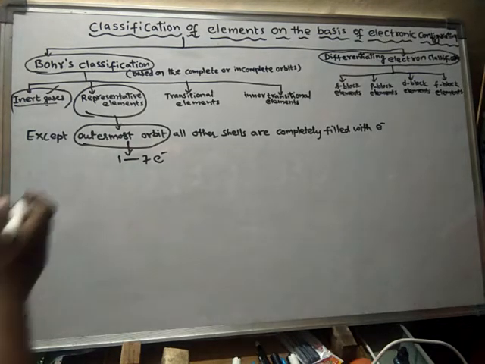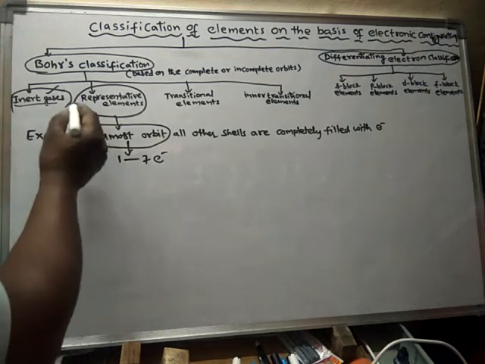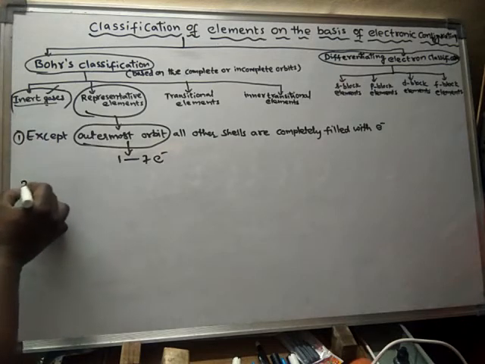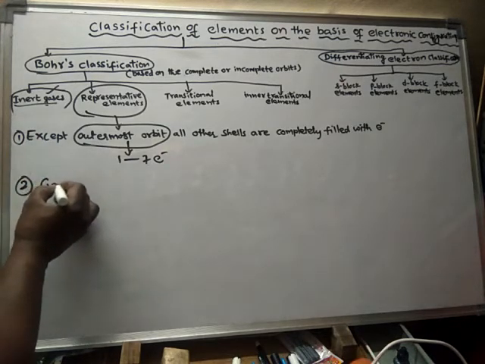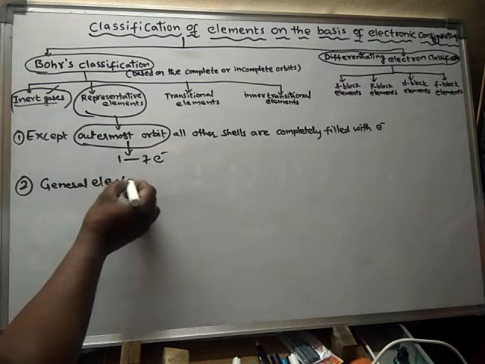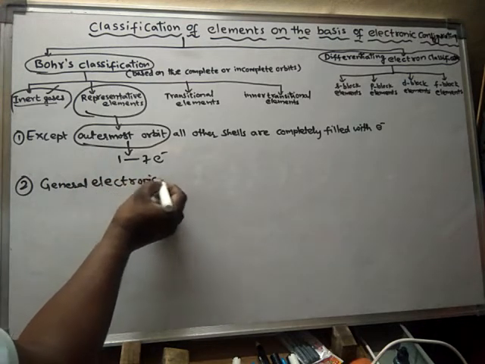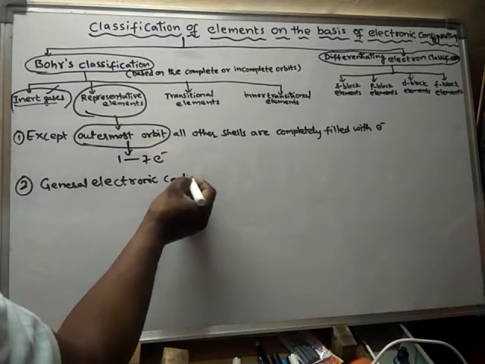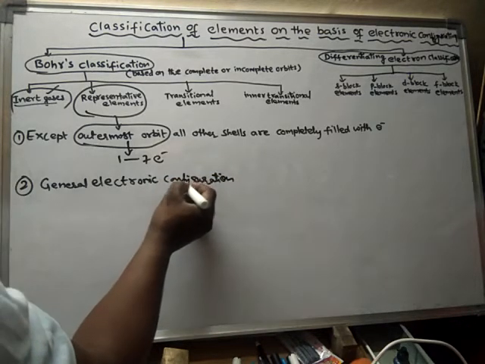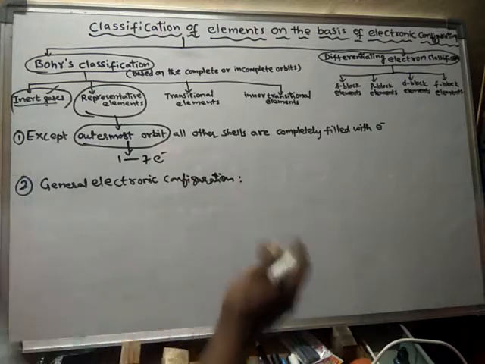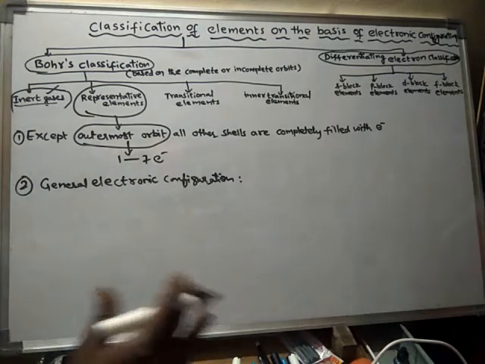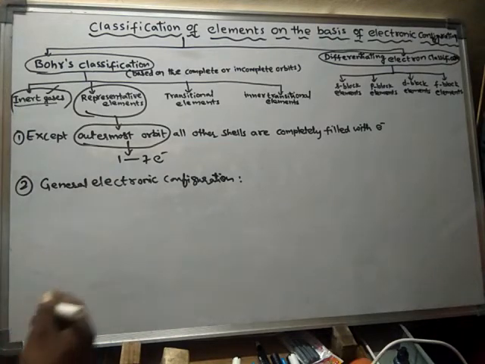Now, general electronic configuration of representative elements. Every element will have its own configuration, but putting all these elements together, we can write a general electronic configuration.